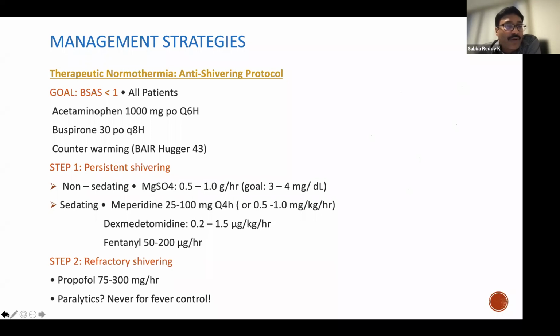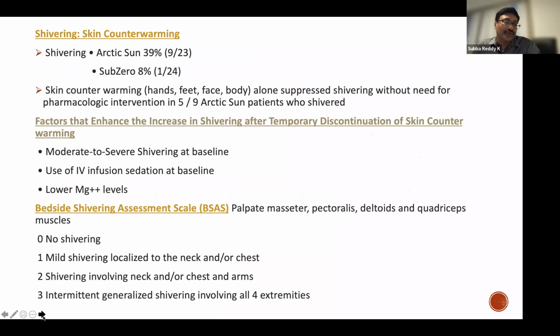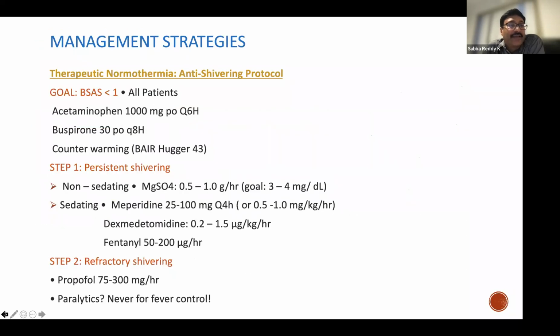It is 0, no shivering; 1, mild shivering localized to only neck and chest; 2, shivering involving neck, chest, and arms; 3, intermittent generalized shivering involving all extremities, that is severe. If it is less than 1, you give paracetamol 1 gram 6 hourly, and we can use counter warming, which we have in our ICUs. And step 1 is persistent.